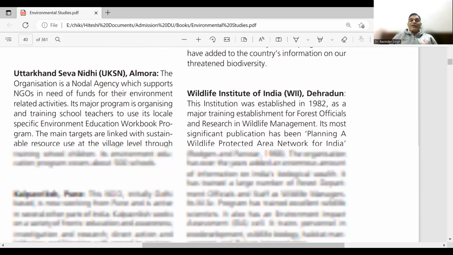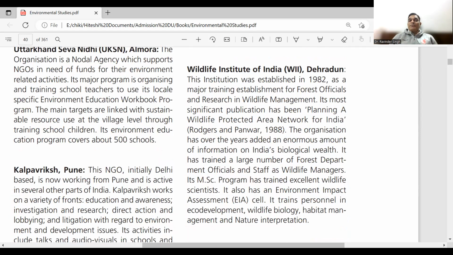Next one is Wildlife Institute of India, WII, Dehradun. This institution was developed in 1982 as a major training establishment for forest officials and research in wildlife management. Its most significant publication has been Planning a Wildlife Protected Area Network for India, by Rodgers and Panwar, 1988.